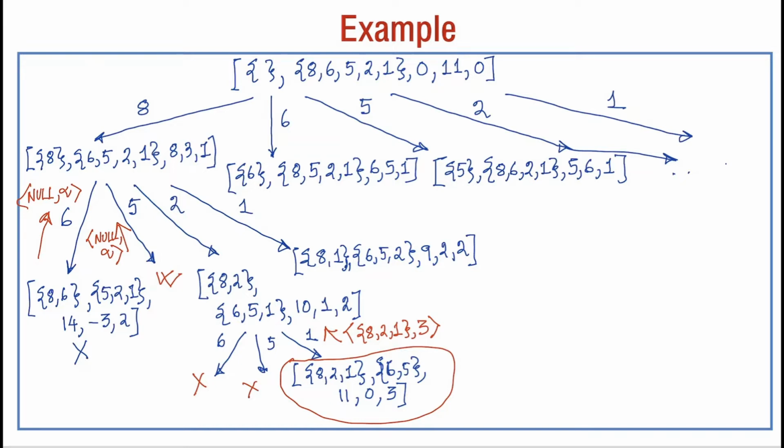This will be returned from here, and because the other two brethren are like this, from here again we will get the situation of the same value here, 8, 2, 1 and 3 will be returned.